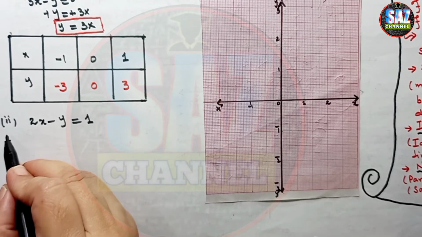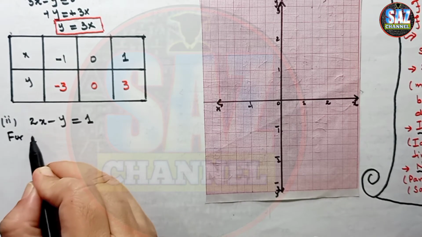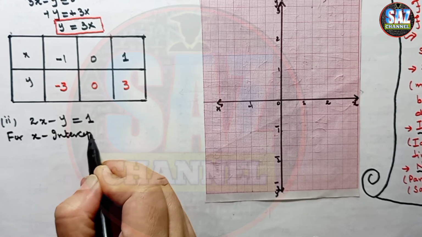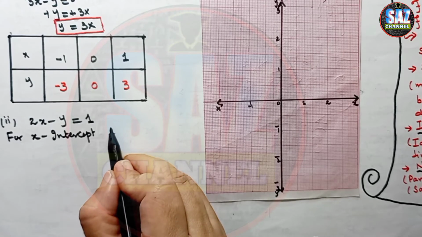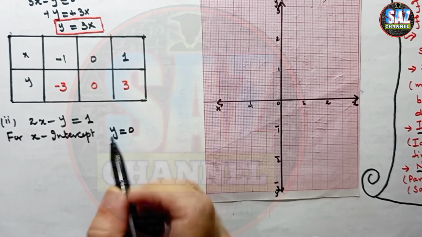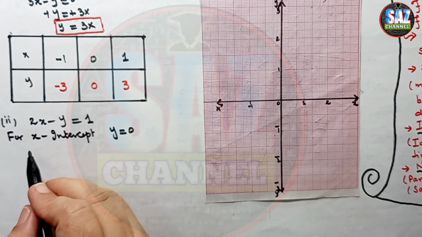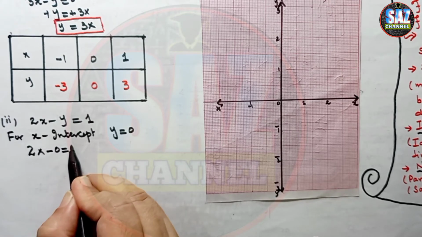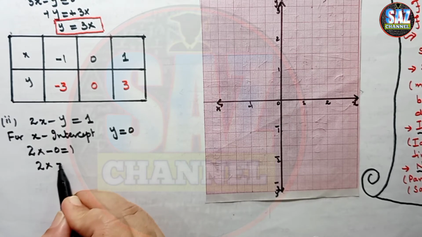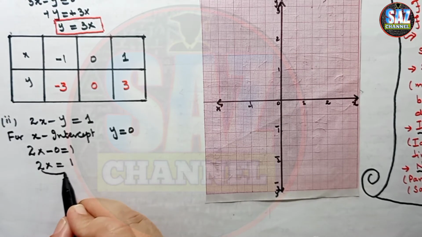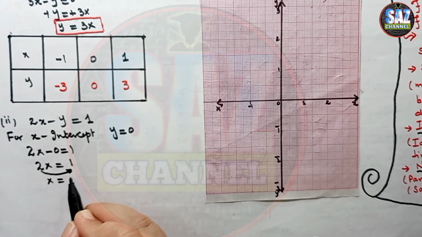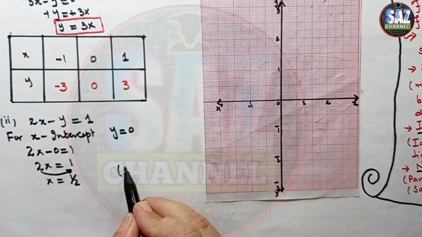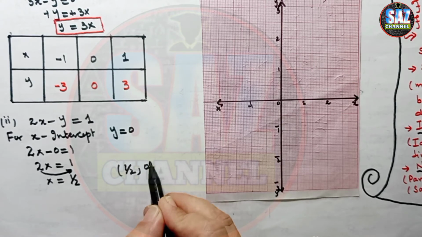For the x-intercept, we have to put y equals 0 in this line, and the equation will take the form 2x minus 0 equals 1, or 2x equals 1, or x equals 1 by 2. So one of the points for this line will be 1 by 2 with 0.